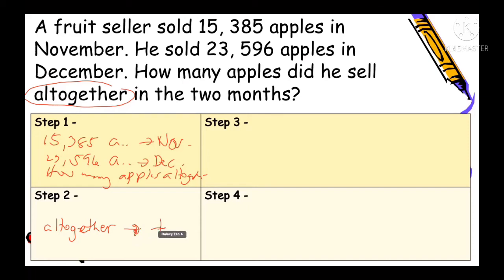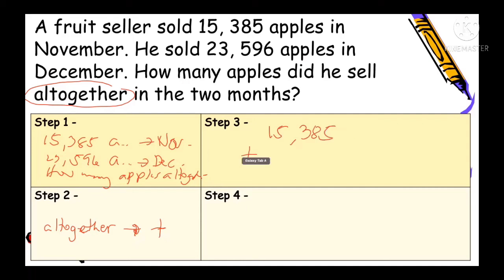Alright? Step 3, we will now solve. Right? So we were about to solve that one. So we will solve it now. So I will put 15,385 plus.